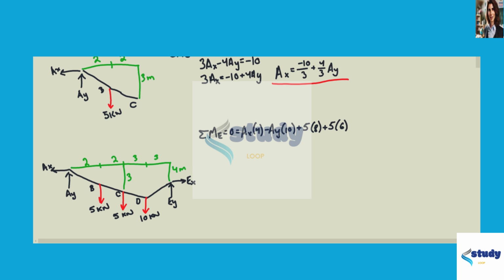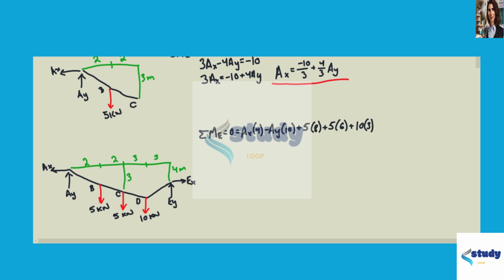This is the force at C, which also creates a positive moment around E, and it is times 6 because there's 6 meters in the horizontal direction between C and E. And then plus 10 for the force at D times 3, because there is 3 meters in the horizontal direction between D and E.